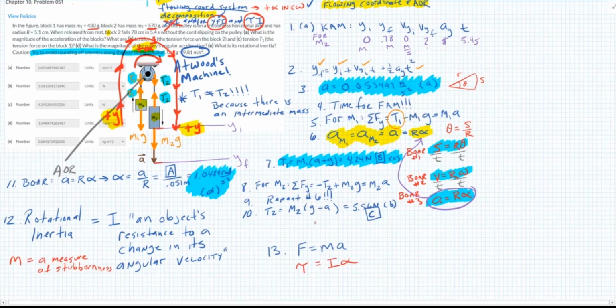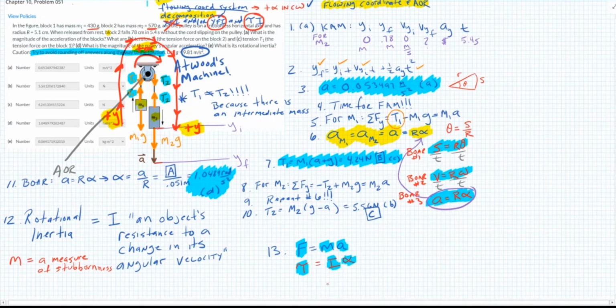Okay, let me make a super big deal about this since this is a major component. But here are the analogs. Force is to torque as mass is to rotational inertia, as regular old linear acceleration is to angular acceleration.